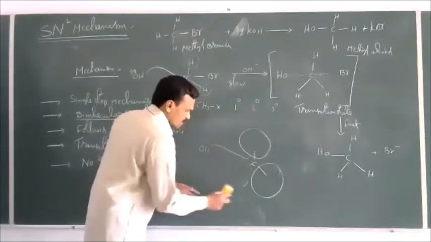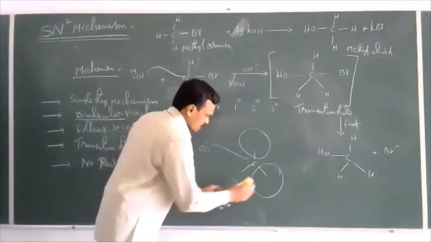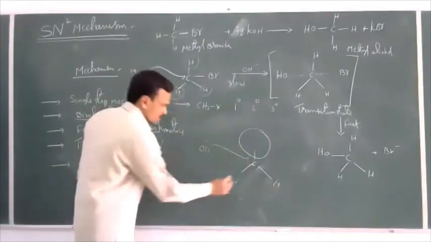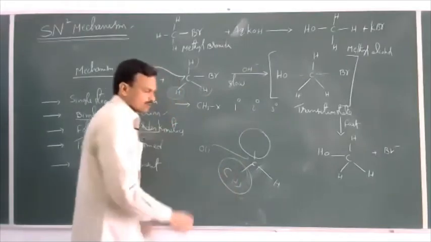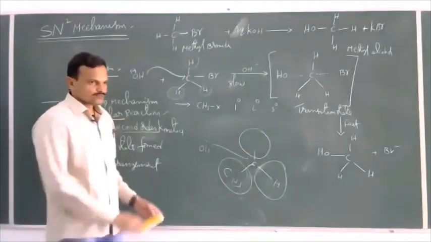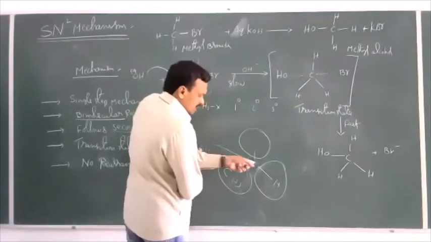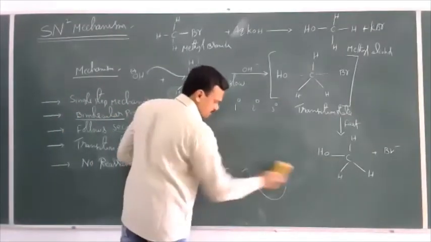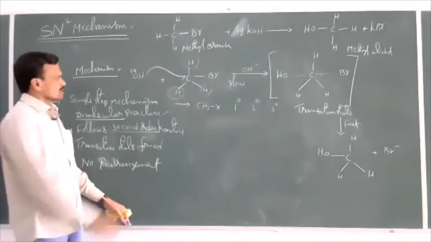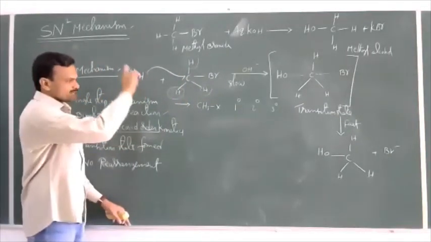Suppose here H is there, here also H is there, let us assume. Now bulkiness is less. Here if I take CH3, bulkiness increases. One more CH3, bulkiness increases. So as the substitution at the carbon atom increases, the bulkiness increases, steric hindrance increases, and the attack of OH minus becomes difficult.